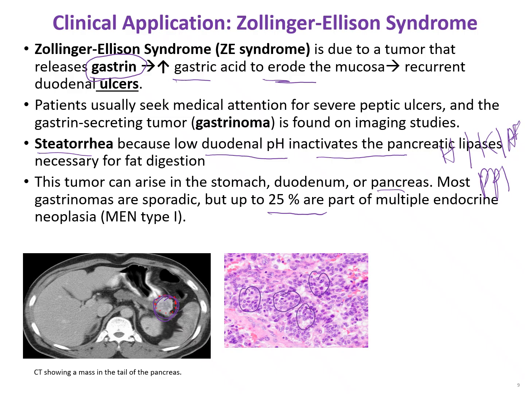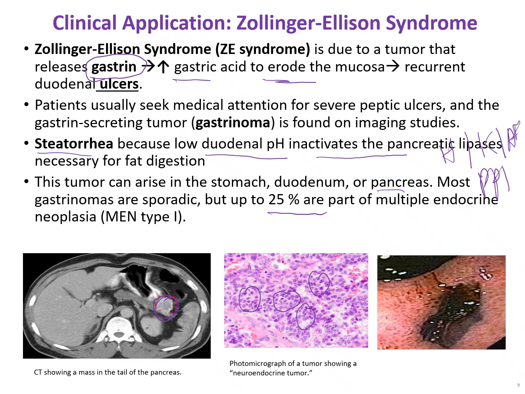These are hyperchromatic nuclei and nuclear irregularity, loss of nuclei, less cytoplasm, right? So this is a classic finding of Zollinger-Ellison syndrome or gastrinoma. This is the gastric and duodenal ulcers. There is a lot of bleeding going on. So this is the endoscopic view of a large gastric ulcer.